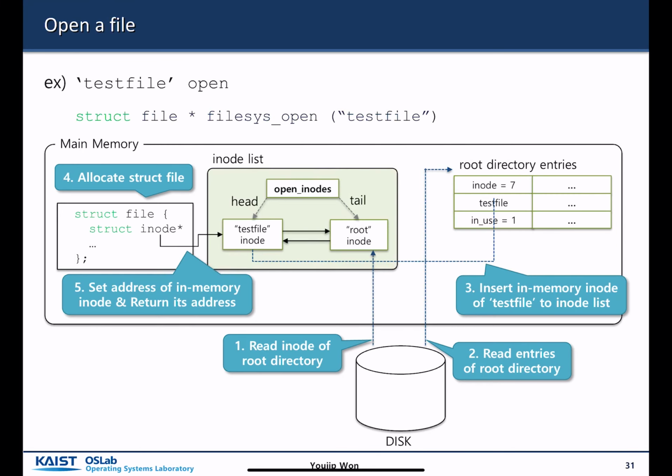Let's provide an example. The name of the file is test file. A filesys_open of test file consists of the following steps. First, you have to read the inode of the root directory. And then you scan the entries in the root directory and find the name test file.